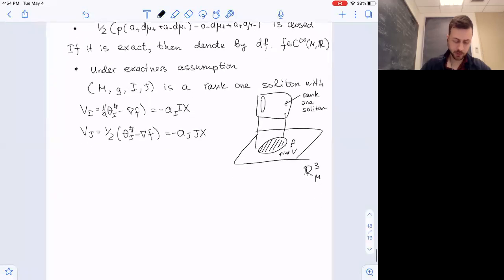So let me now discuss what we need to understand to classify complete rank 1 solitons.